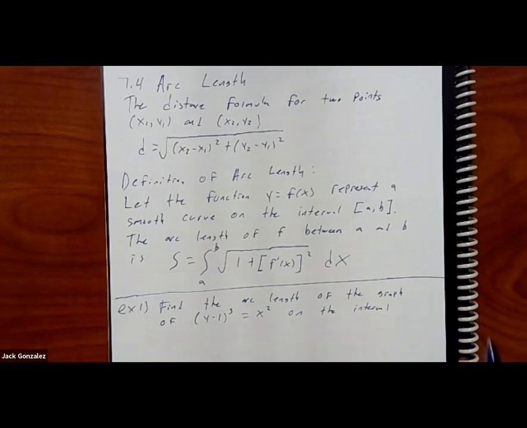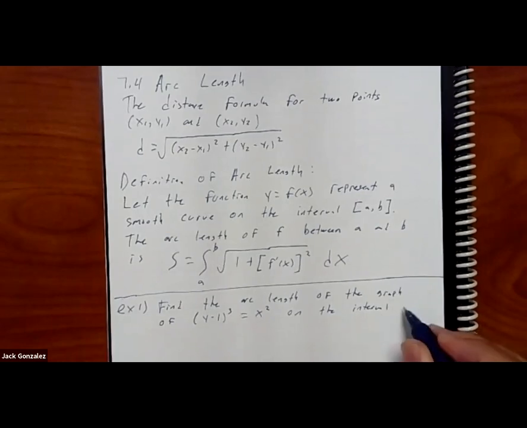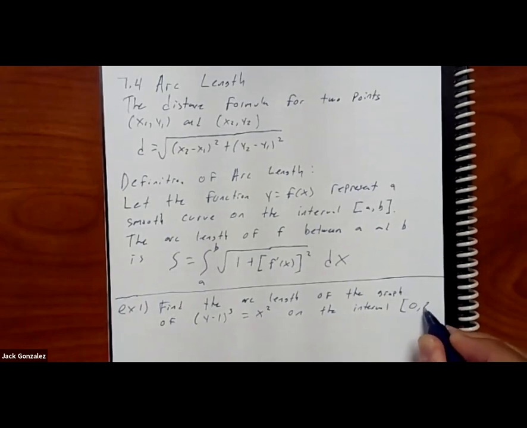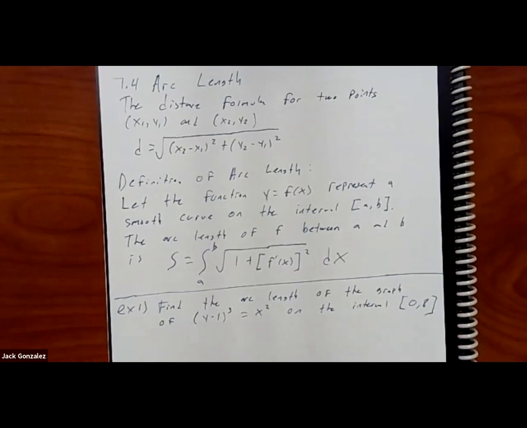So you have to pick a section. You can't just find the total, right? Because otherwise that'd be infinite because it goes forever. So it has to be on some interval, 0 to 8. Round to 3 decimal places.